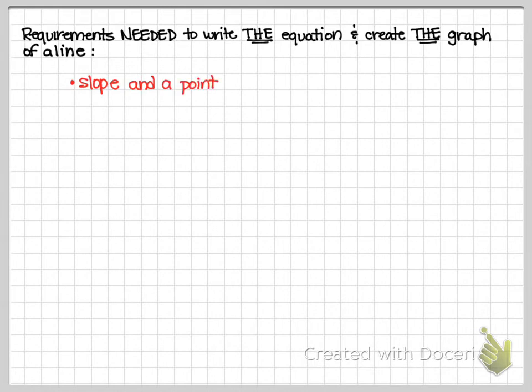It just so happened that the point that we were given was the starting value, or the second situation that we just did, which was 2 points. Those are the bare minimum things we have to be able to do a specific singular graph or singular equation of a line.